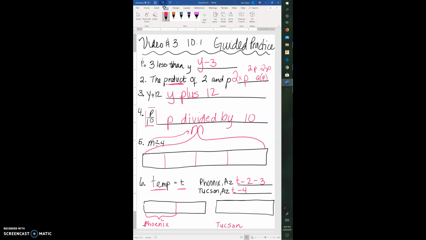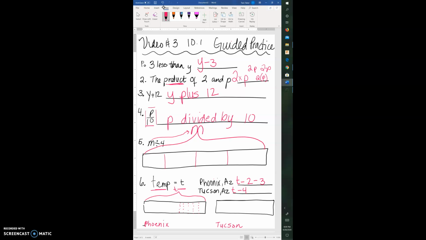Back, back, back. We're subtracting, just kidding. So the entire thing is T because we're subtracting. And then we're going to take off 2. And then we're going to take off 3. That's how we do it.